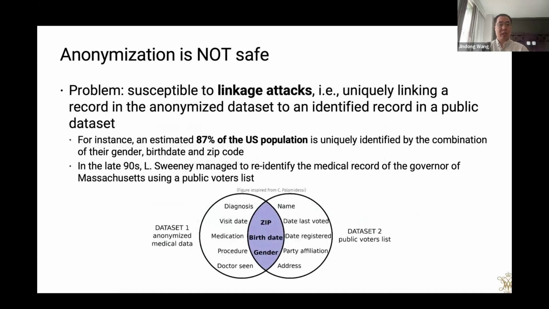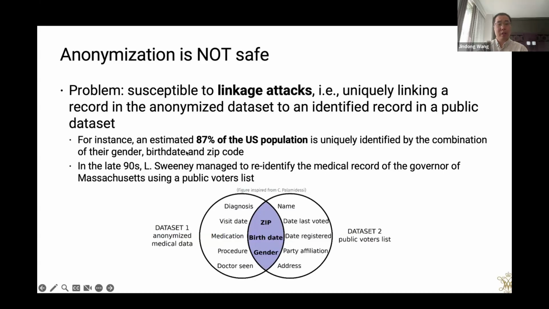It turns out no, because there could be a susceptible linkage attack. The first term: linkage attack. We can uniquely link a record in even the anonymized dataset to an identified record in a public dataset. Here the linkage is zip code, birth date, and gender.